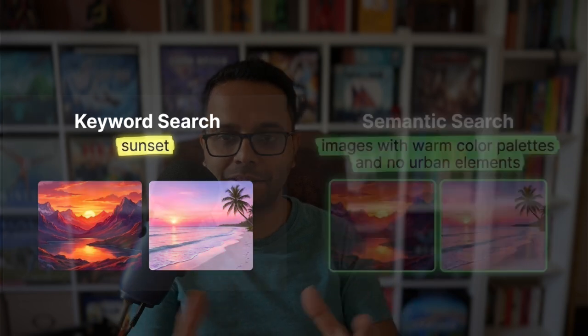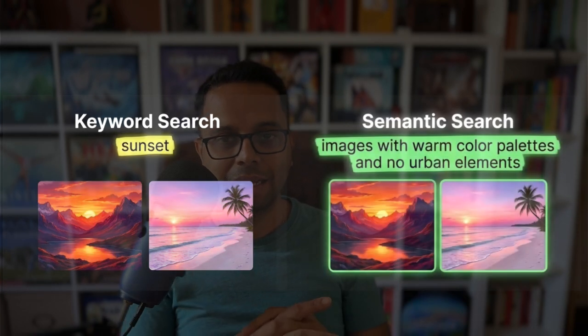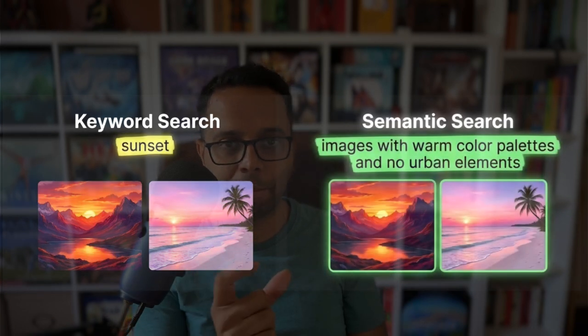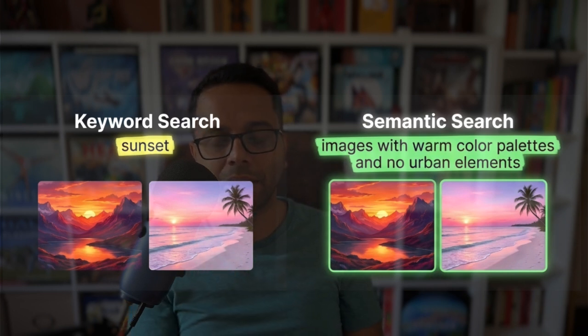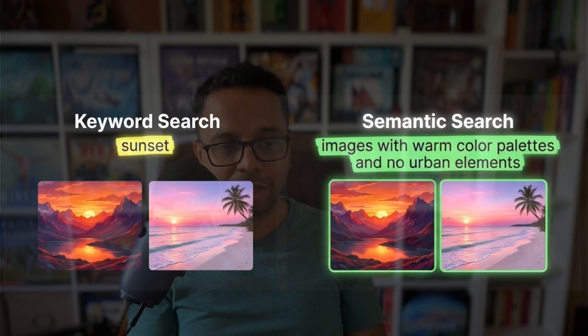Now, what is the challenge here? The challenge is that when we try to retrieve images where we say images with warm color palettes and no urban elements, this is where there is a gap in the previous process, and we call it the semantic gap. And this introduced a new technique called semantic search through embeddings.